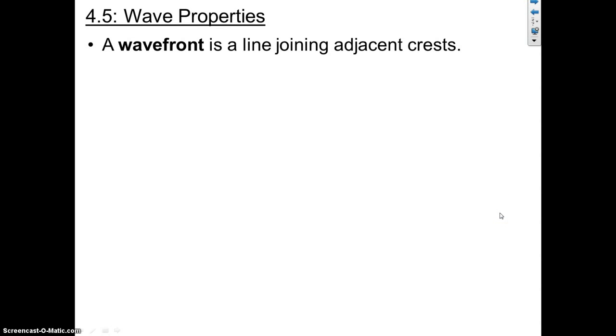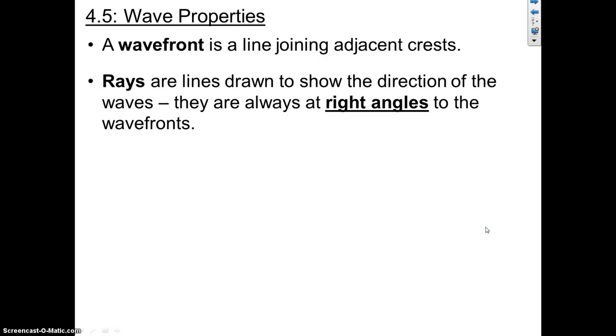A wavefront is a line that we draw which adjoins or joins adjacent crests. Rays are lines that we draw to show the direction of the waves, and they're always drawn at right angles to the wavefronts.